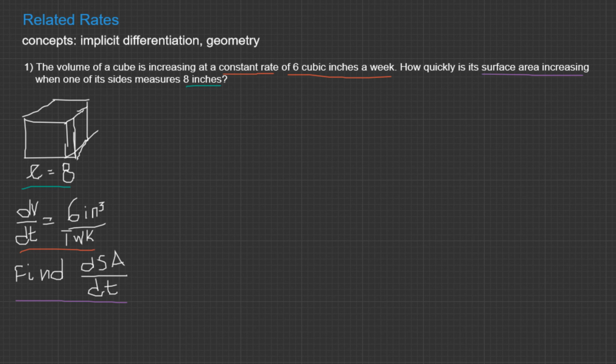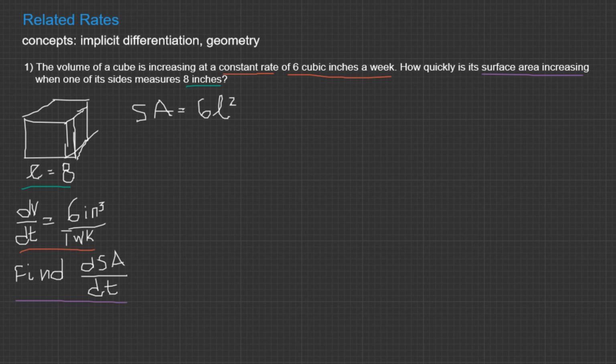So my next step is going to be thinking about those geometric formulas that I talked about earlier. And for this problem, we're probably going to need the formula for the surface area of a cube, which is 6 times L squared.